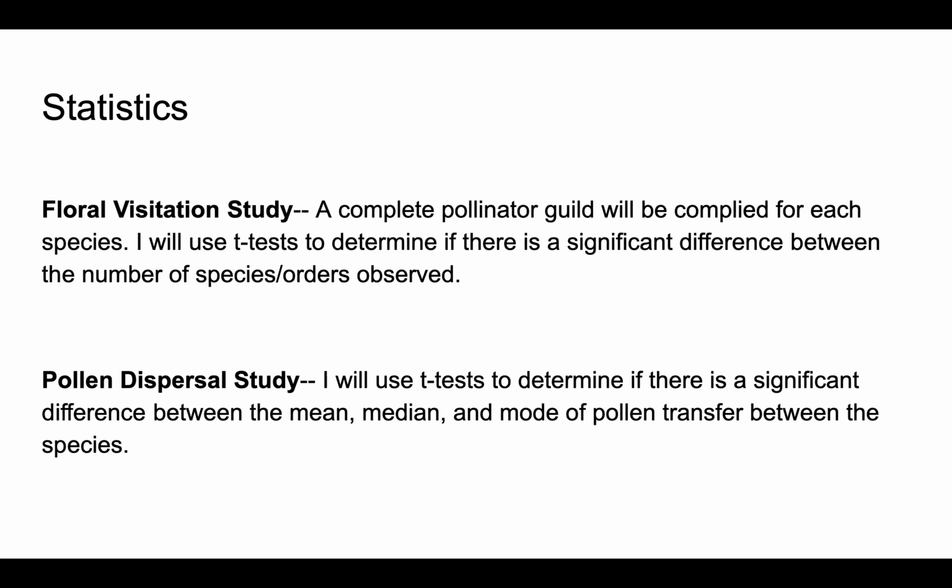And again, my hypothesis is that Nolina erumpens, the larger of the species, will have a larger genetic neighborhood because it attracts more lepidopteran pollinators, because it is in the later period of the year when more pollinators are active.